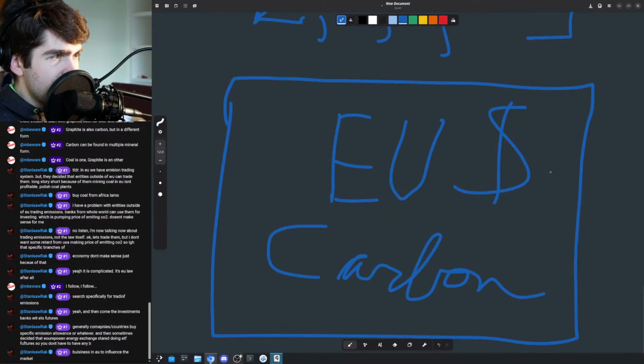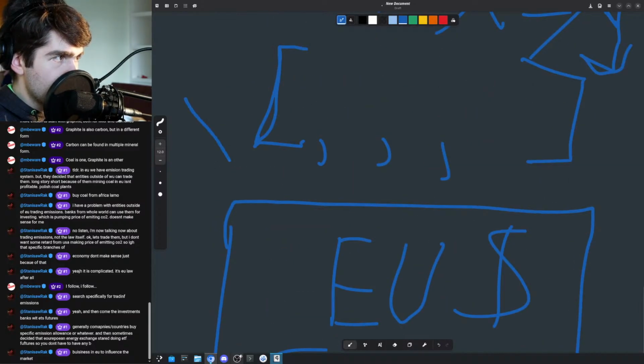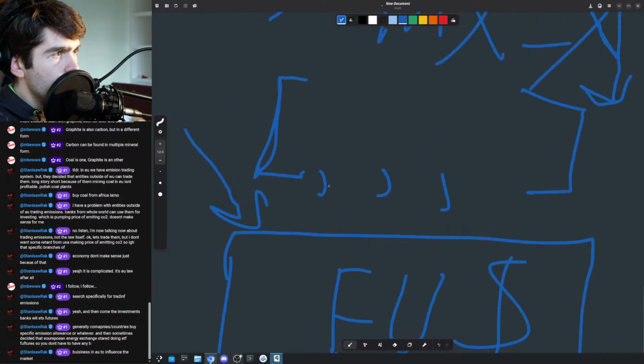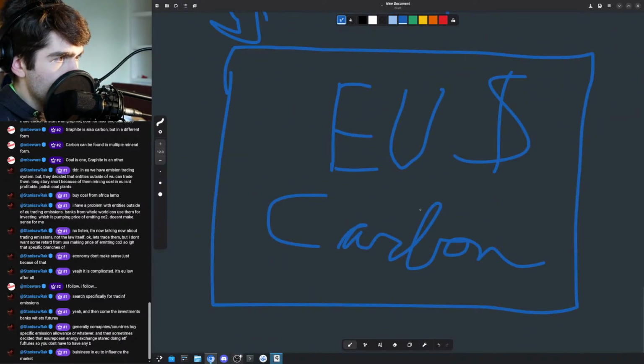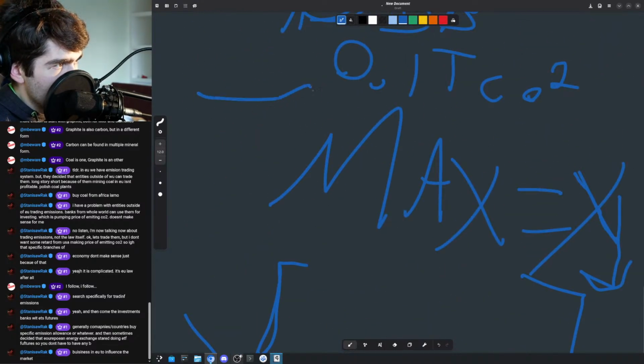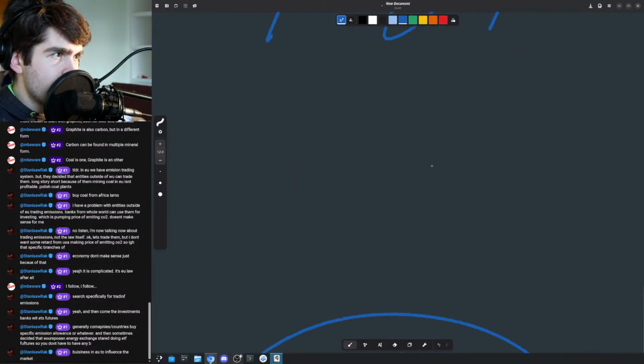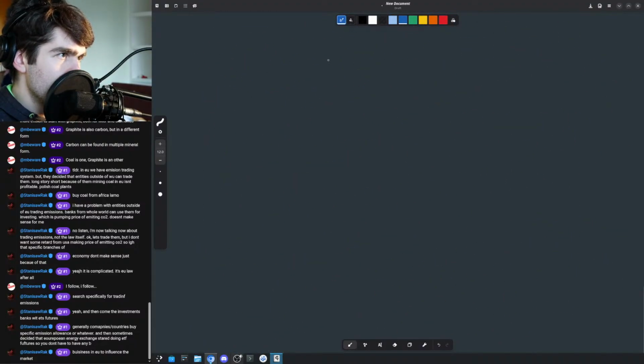Instead of only having the money of the participants in the EU carbon market, you also have the money of the people outside the market that are essentially trading a derivative of it. So there's more liquidity. Your ability to find money in order to make your transaction, your ability to find the right price, and by find the right price, I mean that the seller sometimes will want to sell at a specific price.